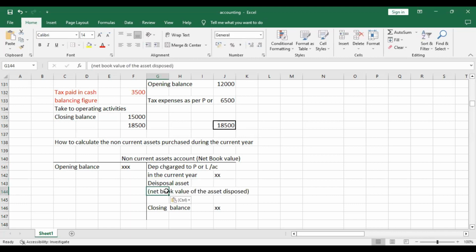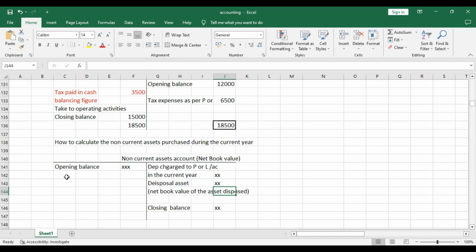Why? If you take the actual sale value of the disposal, then you have to debit the profit or credit the loss on the sale of the asset. Instead, avoiding that, you can prepare like this. I'll show the alternative also by the side of it, how the loss or gain on the asset should be accounted. Disposal you have to take it.